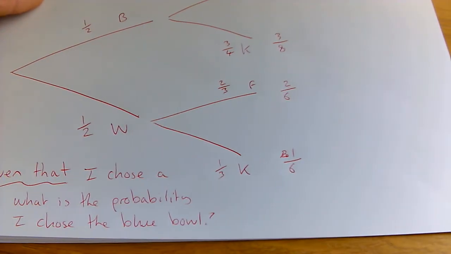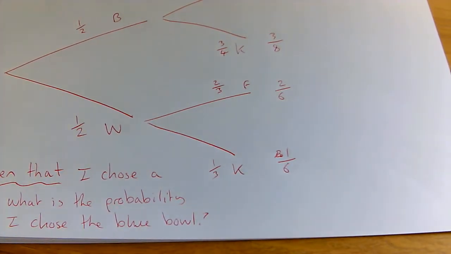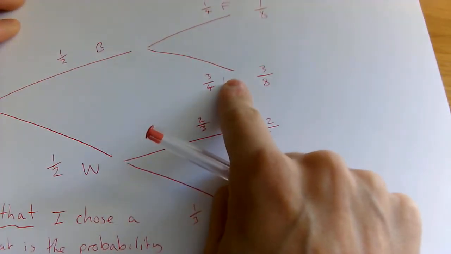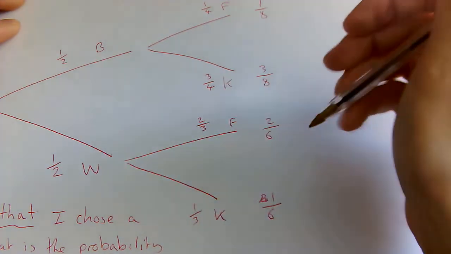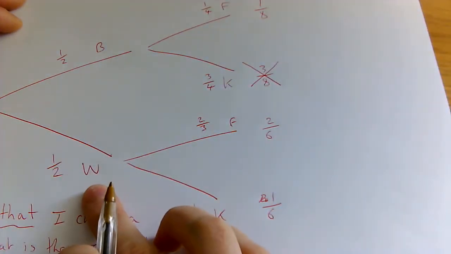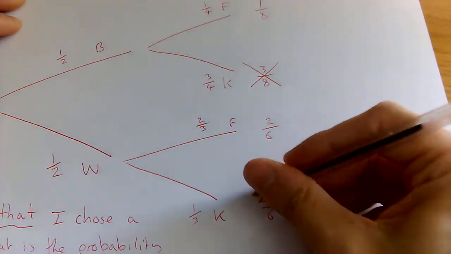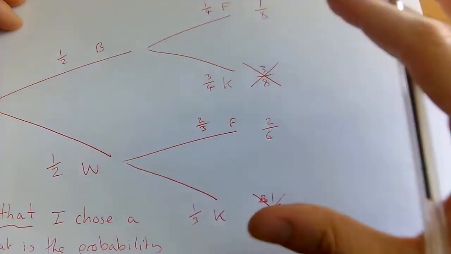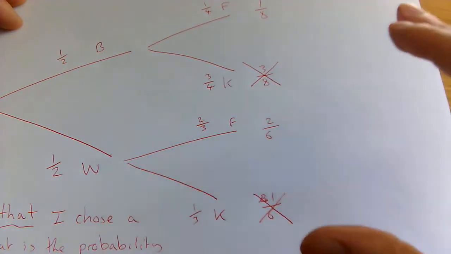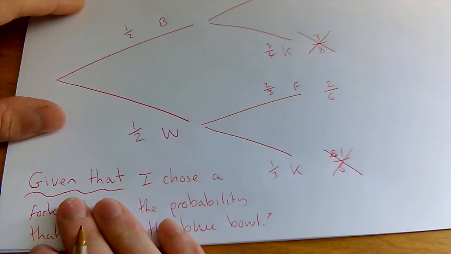Given that I chose a fork, that means that blue bowl and knife did not happen. That's impossible now, so forget that. Not involved. This is not in our world. White bowl and knife also not possible. They do not exist as far as we're concerned now.